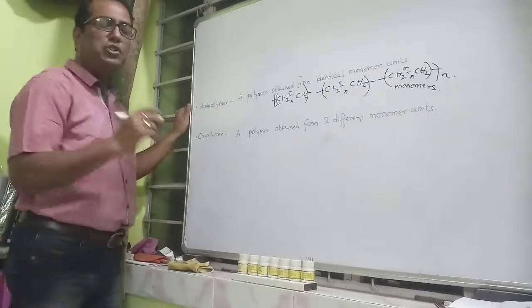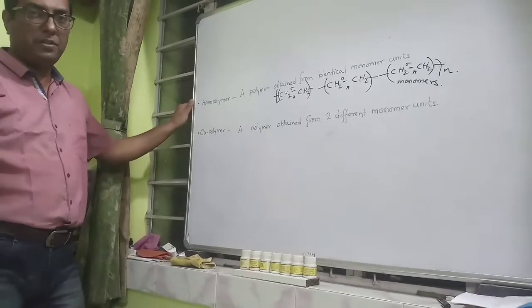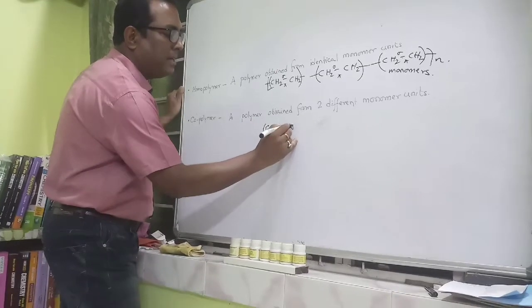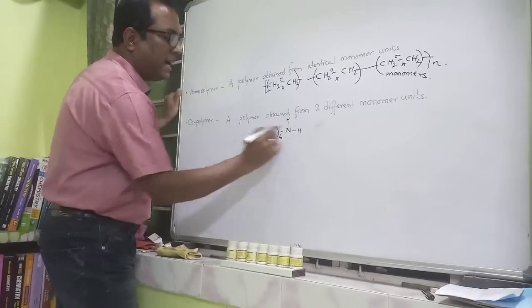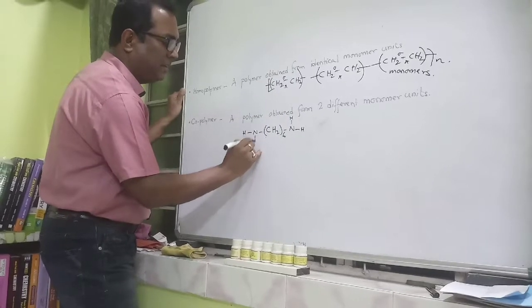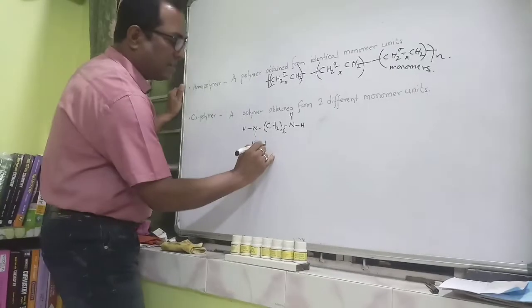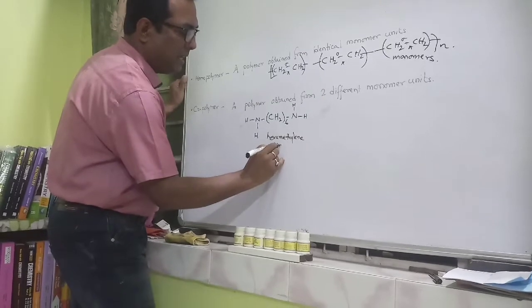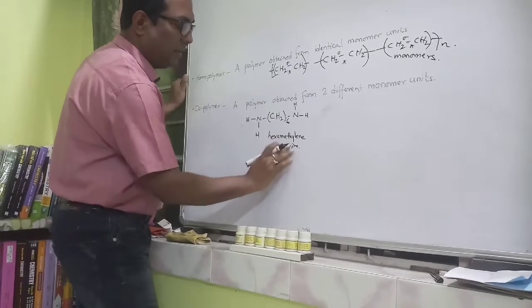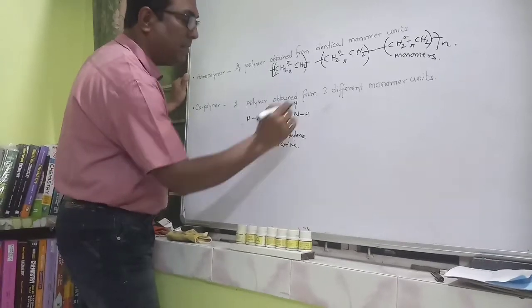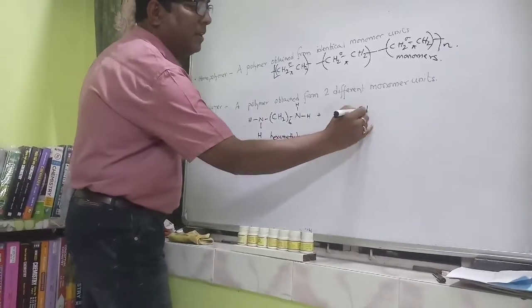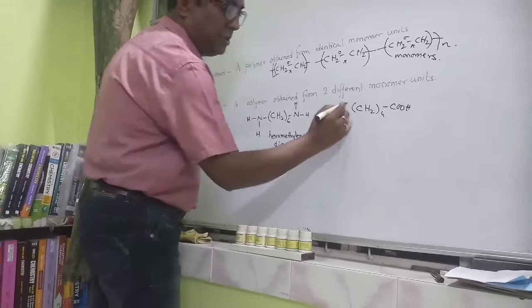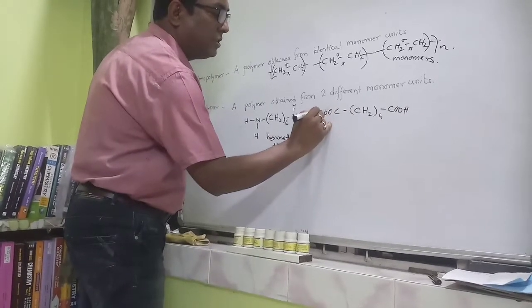For example, if we think about nylon 6,6, students, you have hexamethylene diamine, and if I add COOH, this is adipic acid.